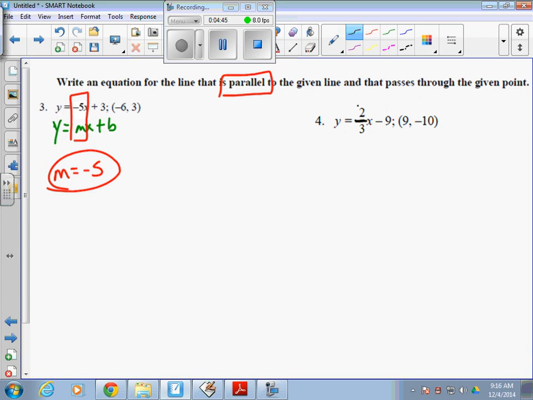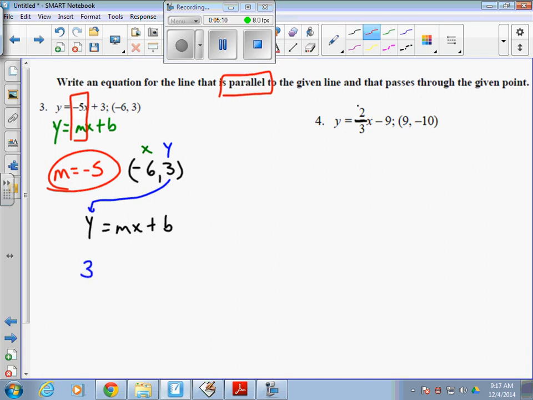When we take that other point, negative 6, 3, that's what we're going to use to find our y-intercept. This is our x value. This is our y value. Y equals mx plus b is what we're going to use to find what we don't know. Our y value plugs in place of y, 3.